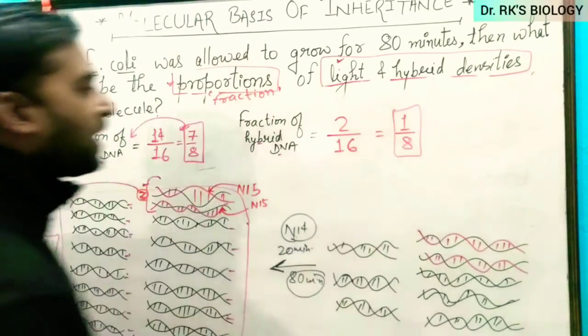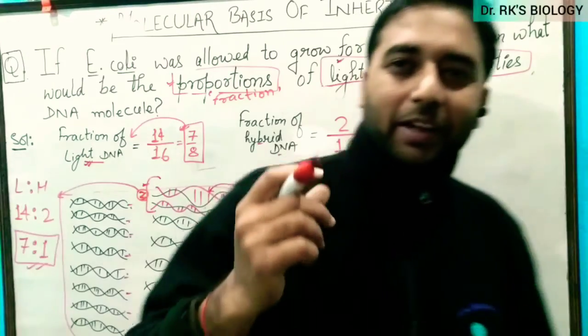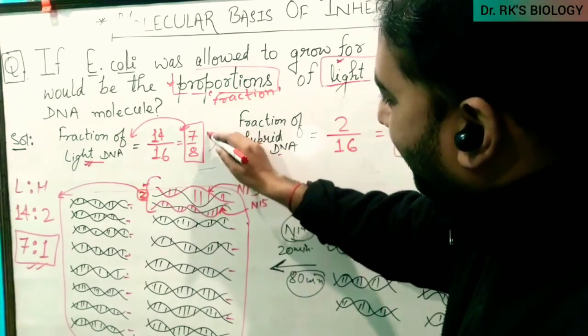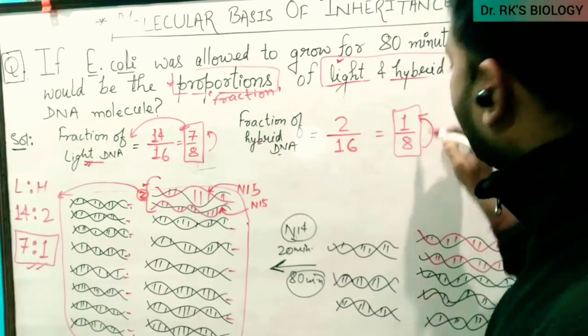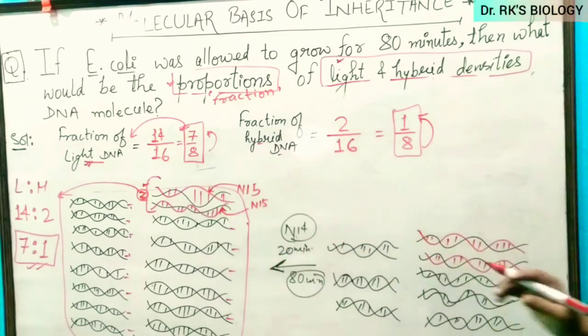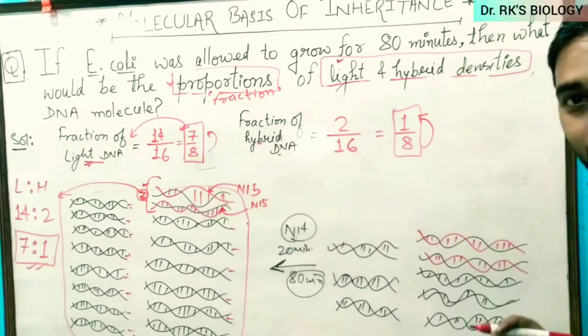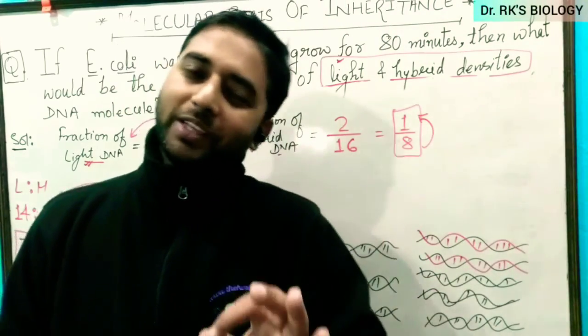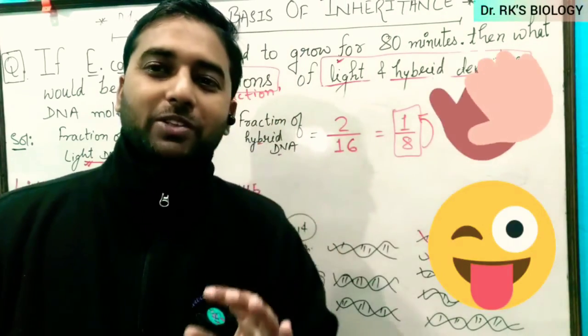So the numbers you obtain are 7/8 and 1/8. These are the fractions. The same question can be modified like this also. I think now it is very clear to you. If you have any queries, please comment in the comment box. And thank you.